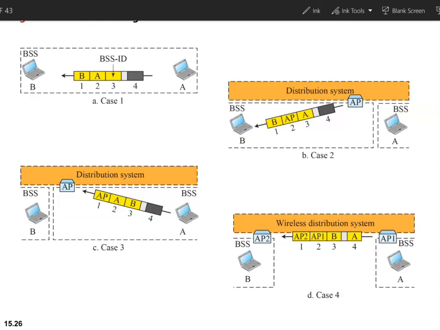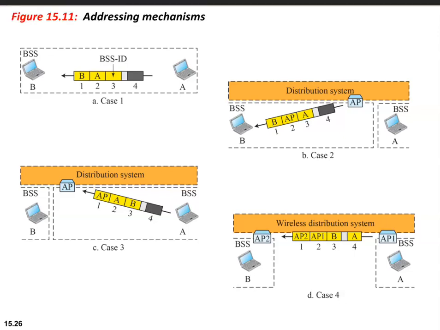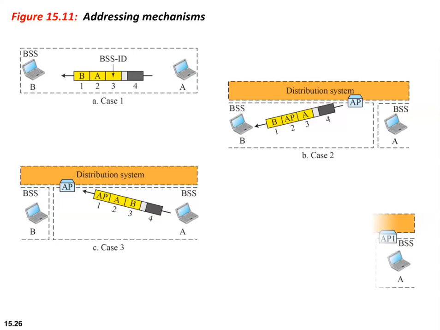Address 1 is access point 2, address 2 is access point 1, address 3 is the station of access point 2, and address 4, specifically for the wireless distribution system, is the address of access point 1, that is of the first basic service set of the source station. So this is about the addressing mechanism.